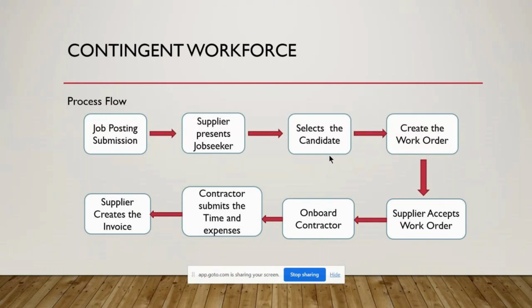Many clients use Fieldglass, so every organization is divided into tenants, and each is configured as per the organization's requirements. For example, one organization may require that once the job posting is submitted, it is automatically pushed to prescribed suppliers and vendors. Another organization may say no, we will manually select suppliers based on our requirement, and we don't want automatic jobs.